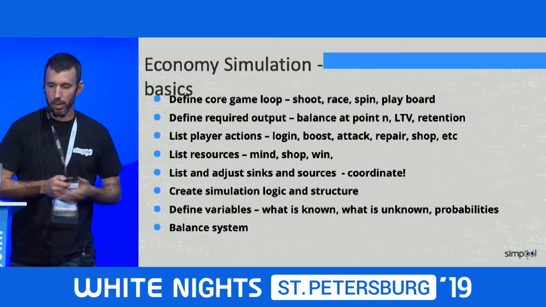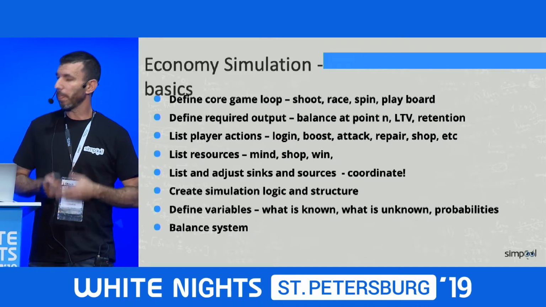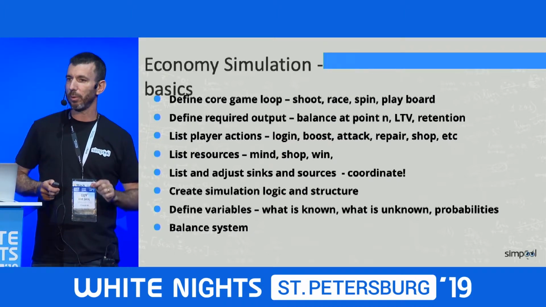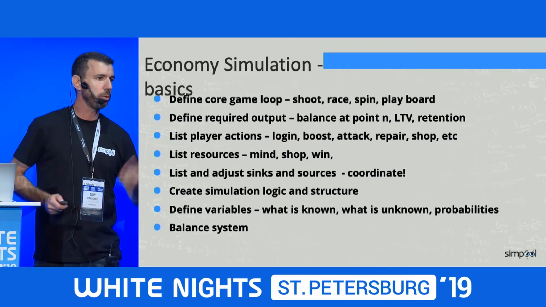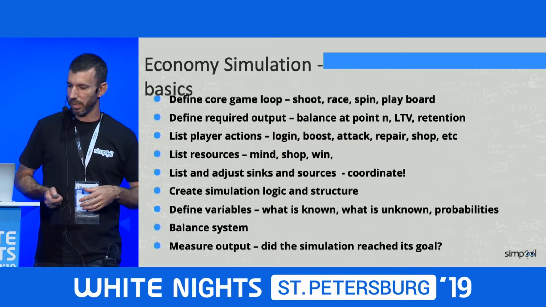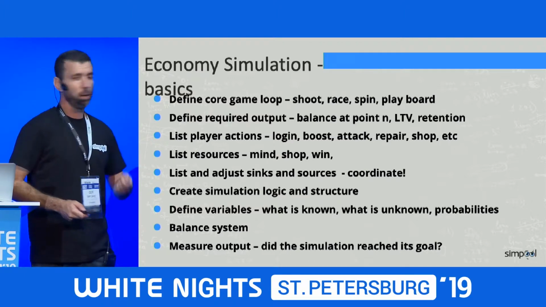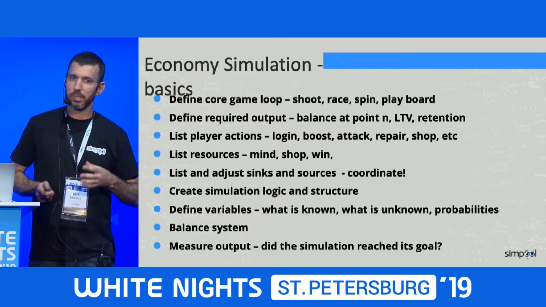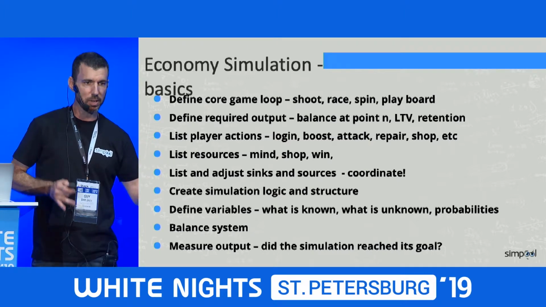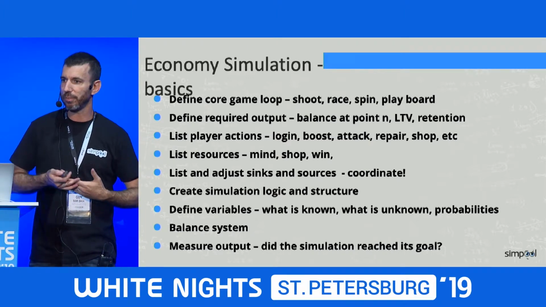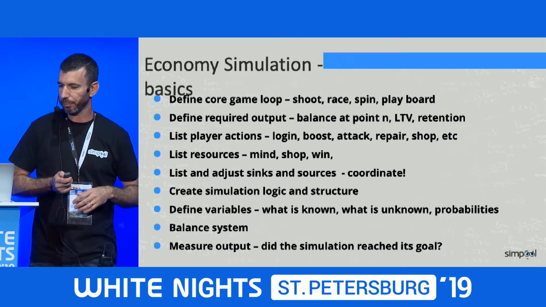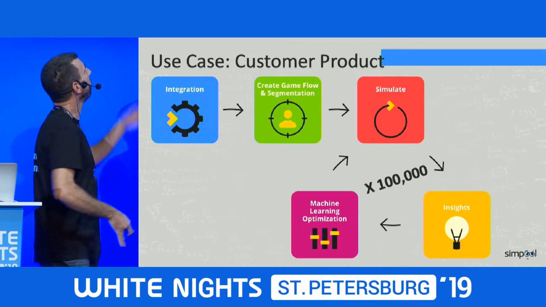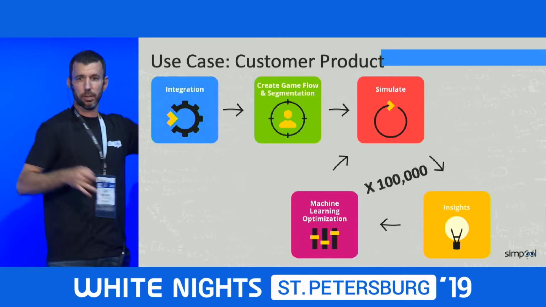The next step will be to balance the system. We're taking the system and monitoring it all over the simulation to understand how the users progress within this ecosystem. And at the end, going back to what we defined in the second step, let's see if what we wanted to evaluate is actually what we were able to achieve through the end of the simulation. Basically, to simplify, we have the whole integration phase.